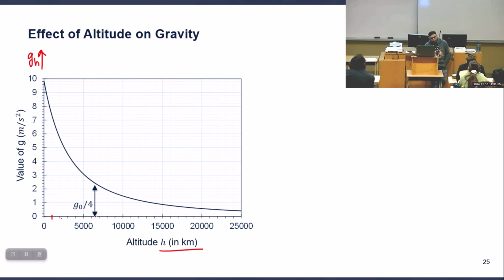Actually, this particular point is equal to the radius of Earth, capital R. So the value of g is reduced to almost 1/4 of its value if you are raised from the surface to a distance equal to the radius of Earth, right? So g naught is a value 9.8 here, and it reduces to 1/4 of its value at a distance equal to the radius of Earth, right? This gives you a rough idea of how the gravity reduces.